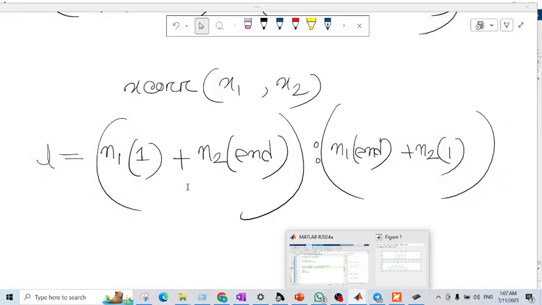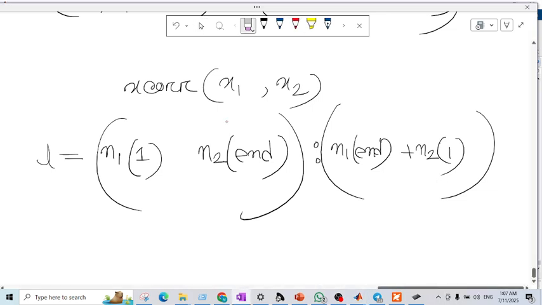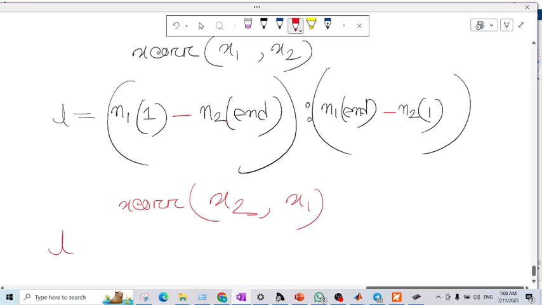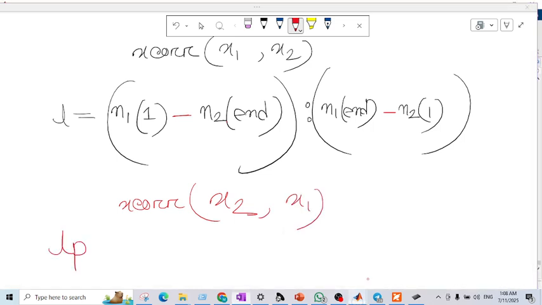I have written plus here, sorry, it's not plus, it's minus. This is the difference. Let me tell you, if xcorr is x2 comma x1, then what can we write? Let's say it's L2, as I have defined in our code.